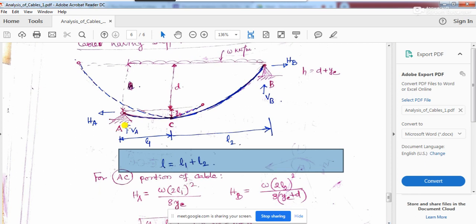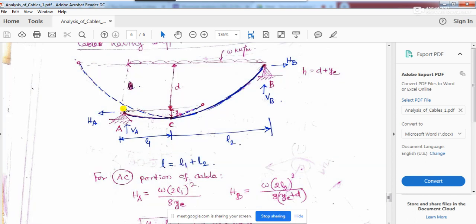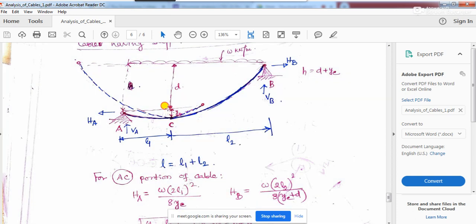First thing you should remember: when the cable is supported at two different levels, from the lower support, if I draw a horizontal line something like this, then if you observe, I have written a term called YC over here.